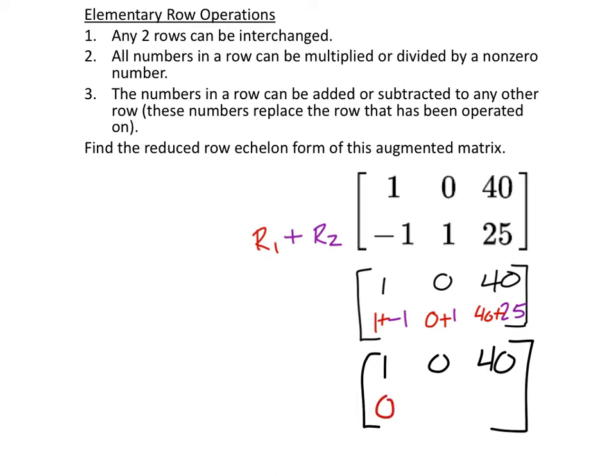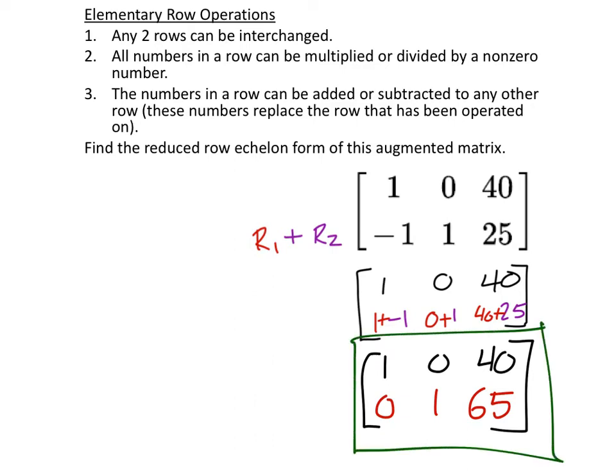That's what we wanted, so we're good there. Then I've got 0 plus 1, which is 1. We wanted that, it just happened to be, in this case, a 1 right away. It kind of rarely happens. Then I've got 40 plus 25, which is 65. And this here is reduced row echelon form for two variables.